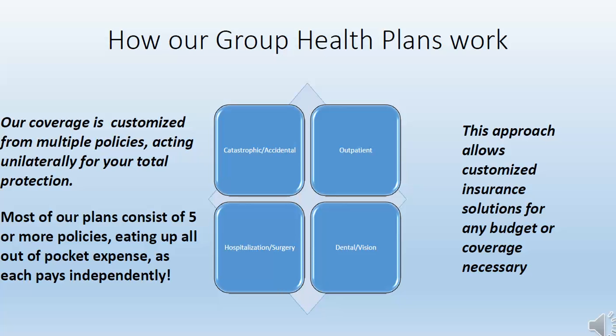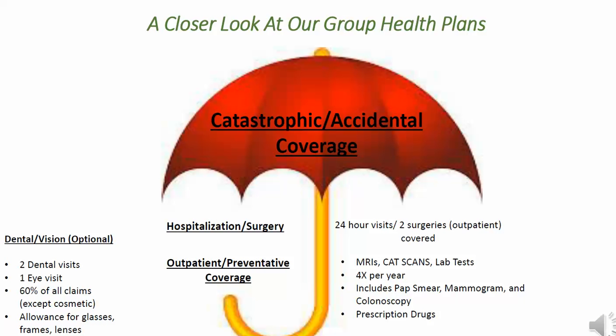So take a closer look at how our plans work. What we try to do is put the catastrophic and accidental as the main umbrella type coverage, and under the umbrella giving hospitalization and surgery. We'll cover you for any 24 hours you spend in the hospital. Doesn't matter why. We'll go ahead and cover that with no deductible or no out-of-pocket expense. We also give you 2 outpatient surgeries per year.